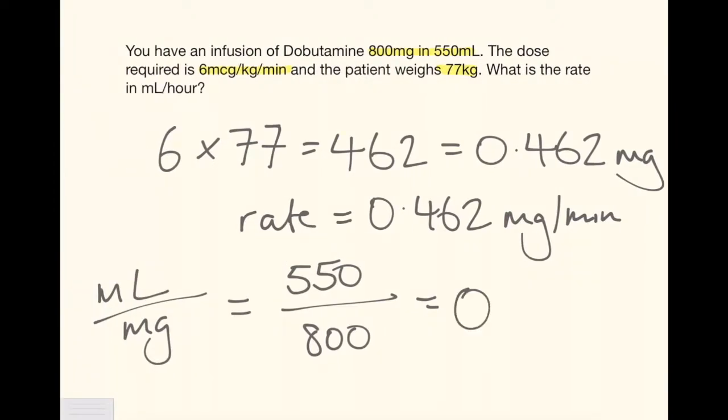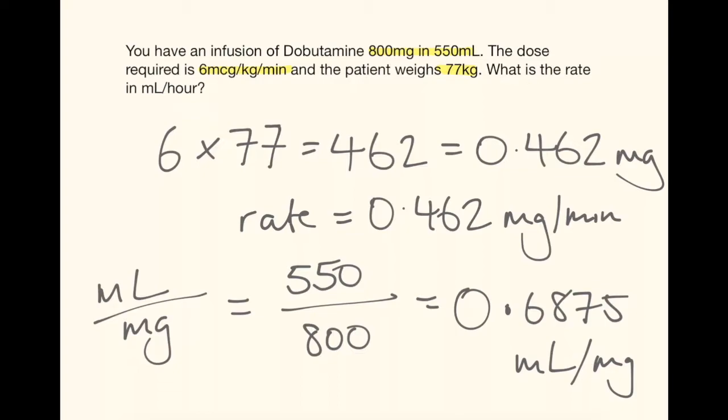That was milliliters per milligram. Okay, so I know for every 1 milligram I'll need 0.6875 milliliters.